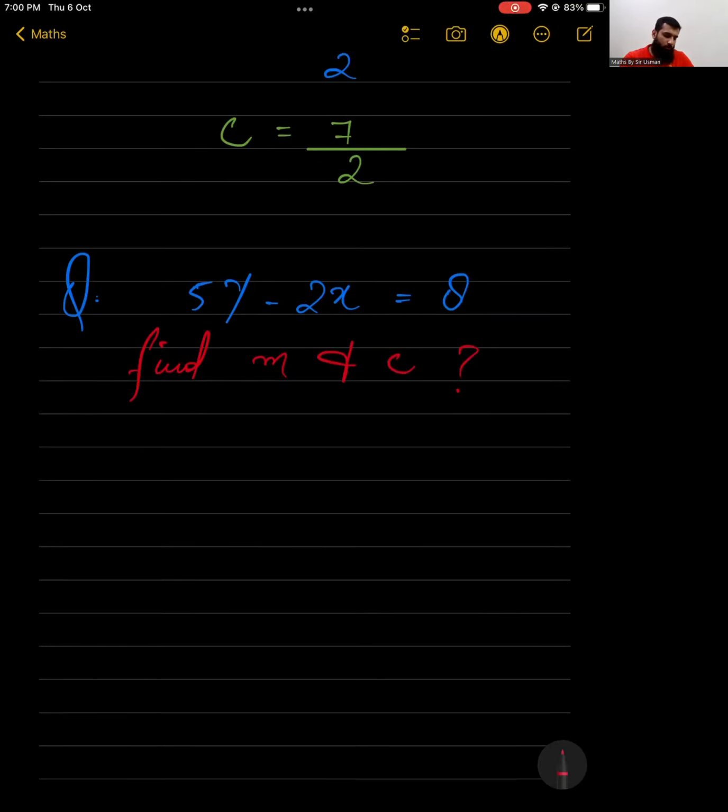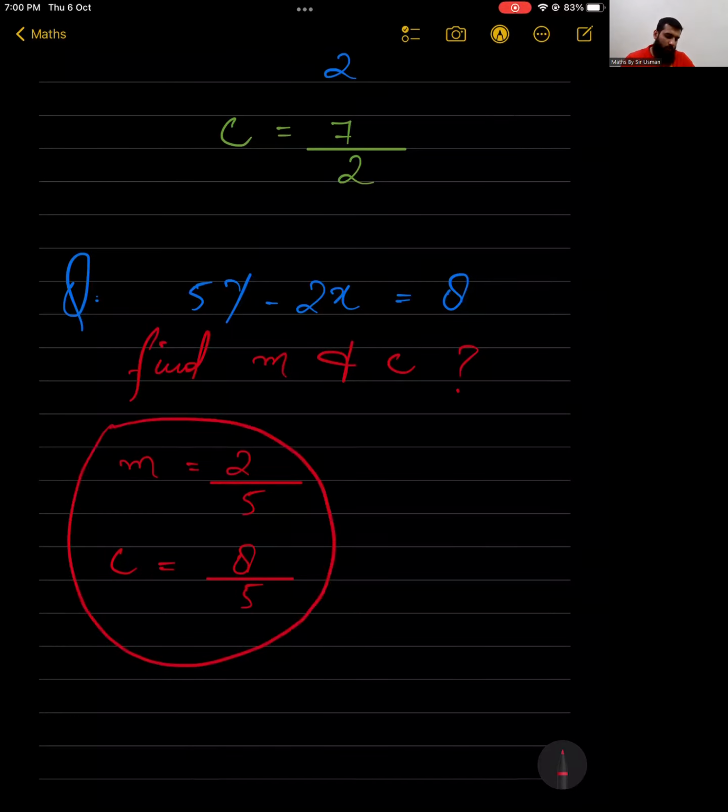Okay, so the first value of m is 2/5. बाकी सबने भी अपने answers बताने हैं. Let's see what you people are getting as your answers. So the value of c is 8/5. ओके, तो हमारे पास पहला answer आ चुका है. बाकी सब भी solve करें और देखें आप लोगों के answers यही आ रहे हैं या different हैं.